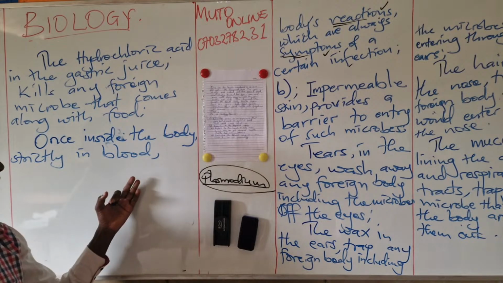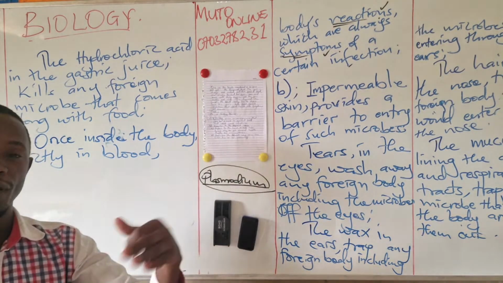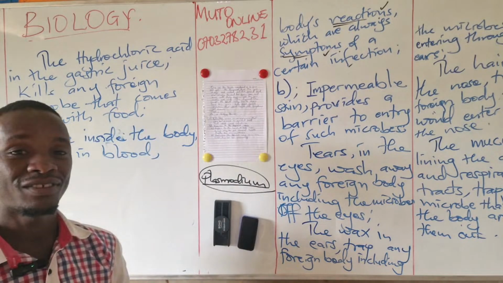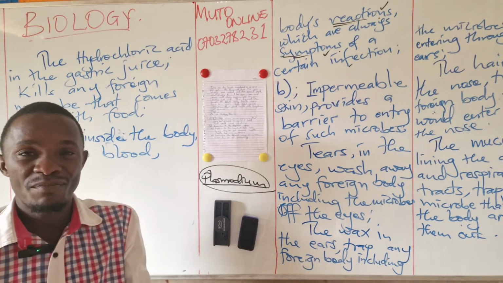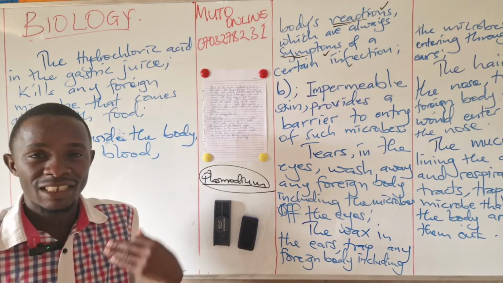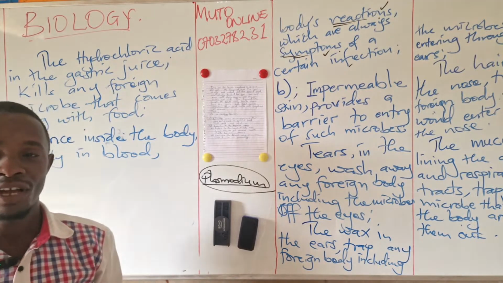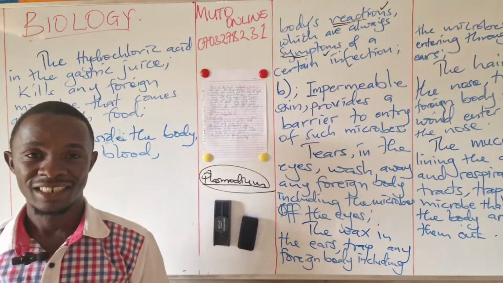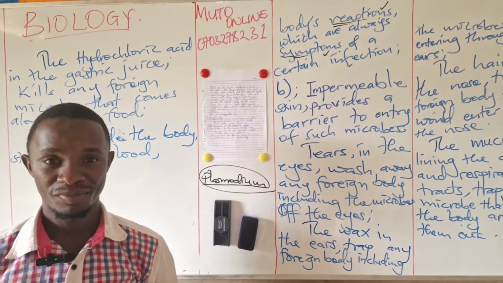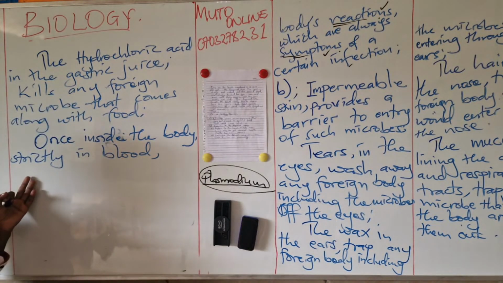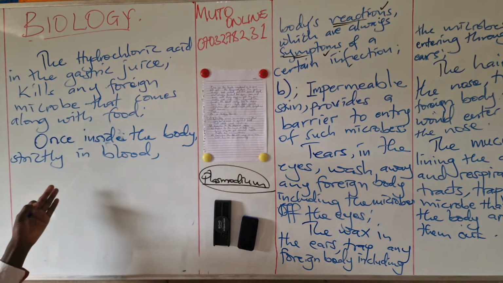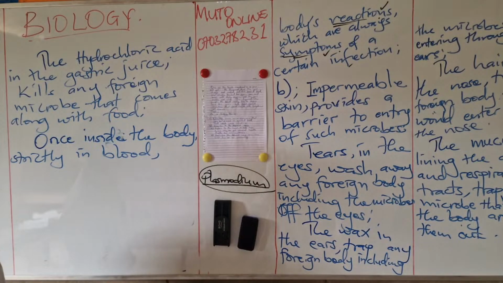How does the body fight, before you even use your medication? You always get sick, but you get fine. How does the body fight such infections, such emergences of microorganisms in blood or inside the body? We know the different ways the immune system defends the body.